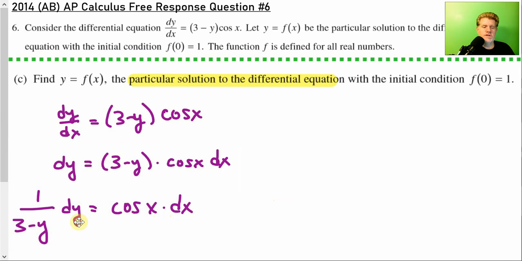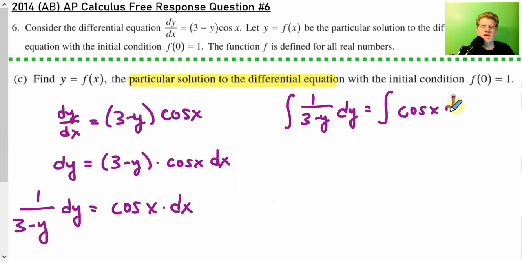Once they're separated, I can now integrate them. So it would be the integral of 1 over 3 minus y dy equals the integral of cosine of x dx. The antiderivative of 1 over 3 minus y is the natural log of 3 minus y, but be careful.